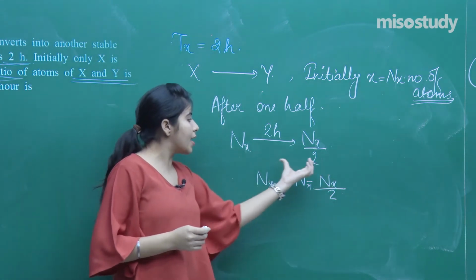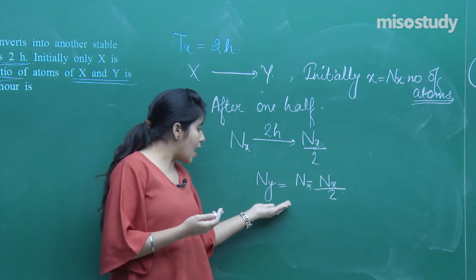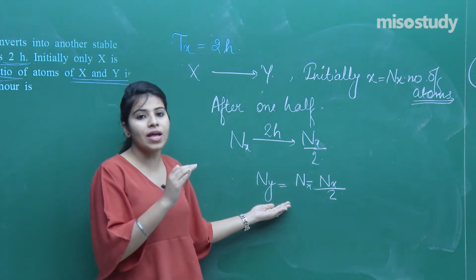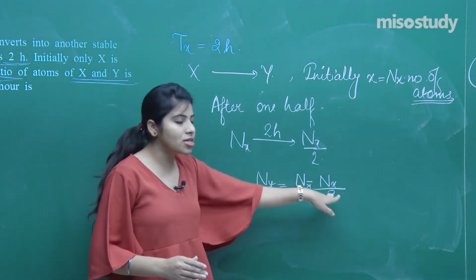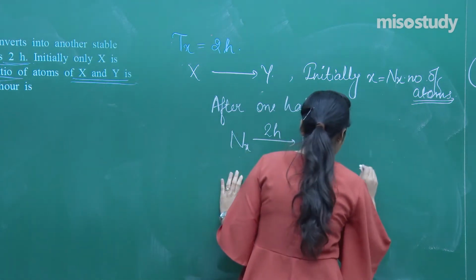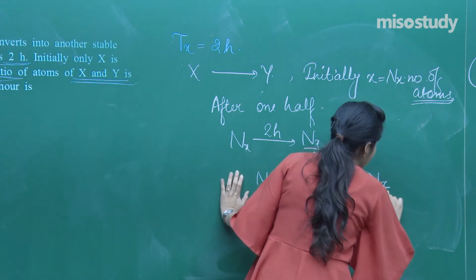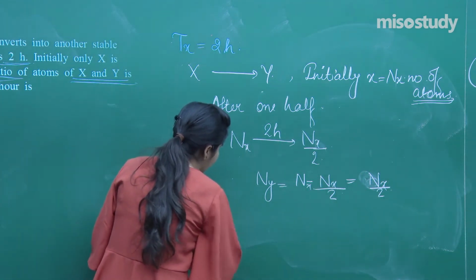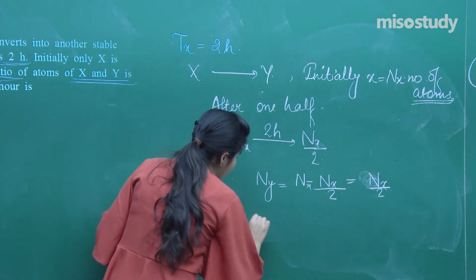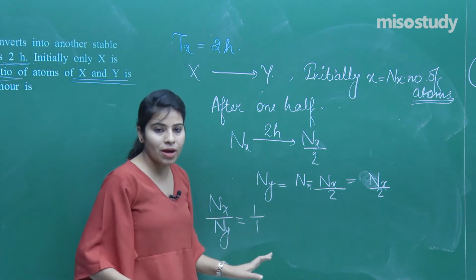Initially it was Nx and finally it was Nx by 2, so Ny, the number of atoms that have decayed, will be Nx minus Nx by 2, that means Nx by 2. So the ratio of Nx upon Ny comes out to be 1:1, Nx by 2 upon Nx by 2, 1 by 1.